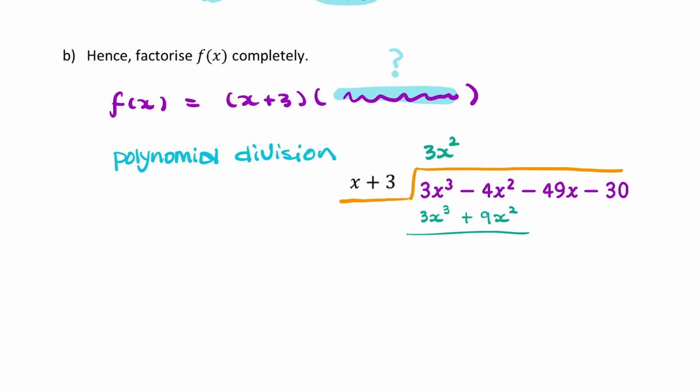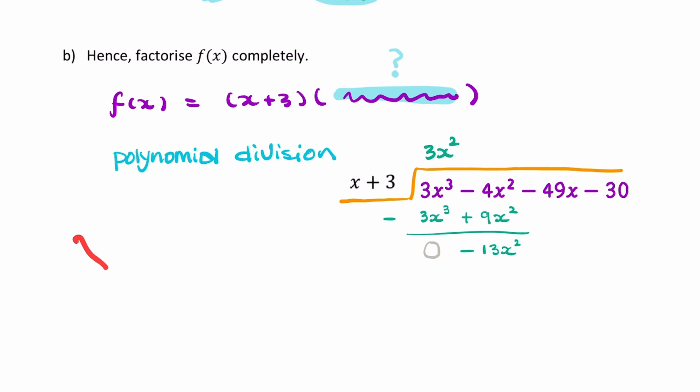Okay, so I've multiplied 3x squared by x, and I've got 3x cubed. I've multiplied 3x squared by 3, and I've got 9x squared. Now I subtract this from that. So 3x cubed minus 3x cubed is 0. And then minus 4x squared minus 9x squared is negative 13x squared.